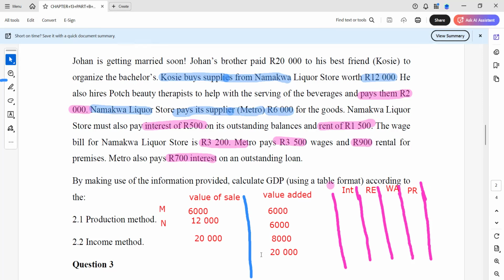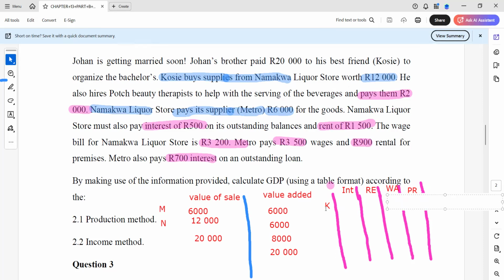So let's just come up with the column for the names of the people. So we have K first for Kosi. So Kosi pays what? He pays wages. These are like wages, right? Because he hires these people, right? Obviously, if you have hired people, you need to pay them. So this is like a wage. So this 2,000 is a wage which is paid by who?